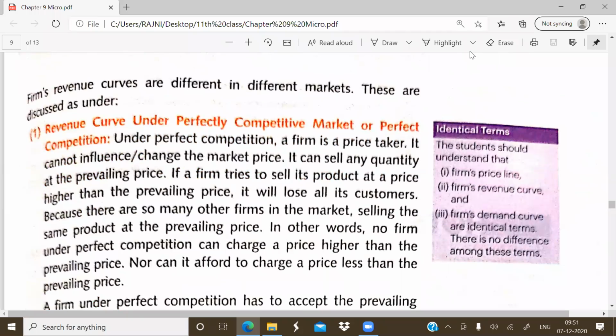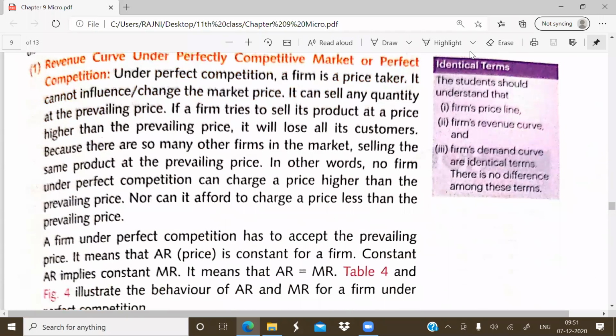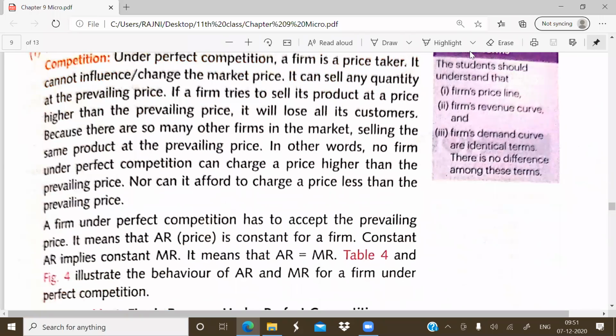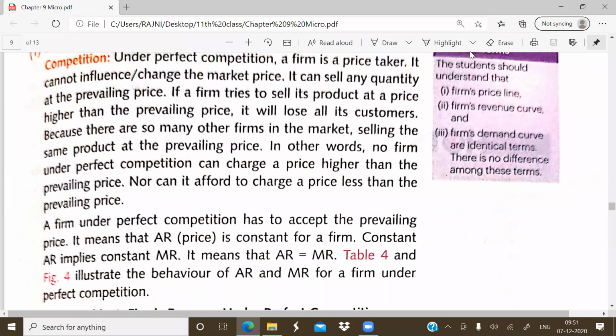So firm revenue curve are there in case of the perfectly competitive market or perfect competition, in which I just already told you that a firm is a price taker here, not the price maker.